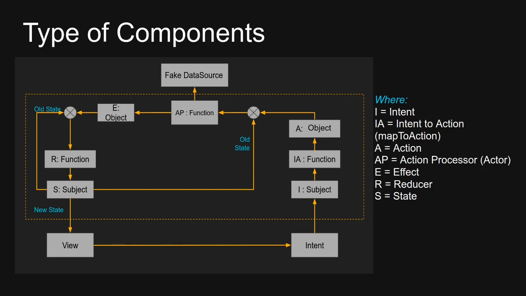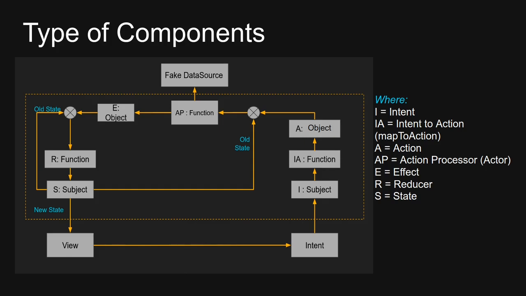So let's understand the type of components in this diagram. We can see that our intent and state are subjects. Subjects are basically a kind of channel to which one can subscribe and to which one can push the events also. So basically we have an intent to action function, that is the map to action function, which takes the intents from the subject and converts them into actions, and then this action goes into an actor function.